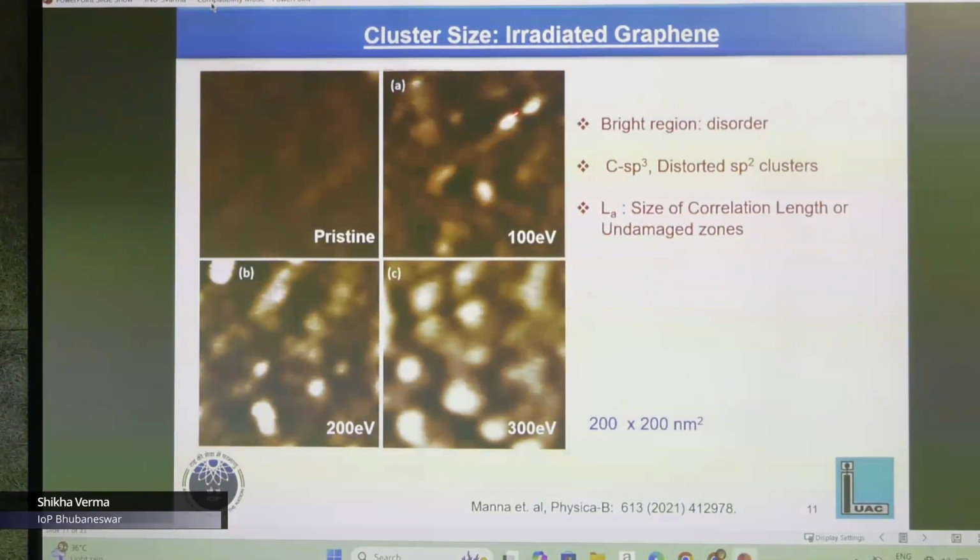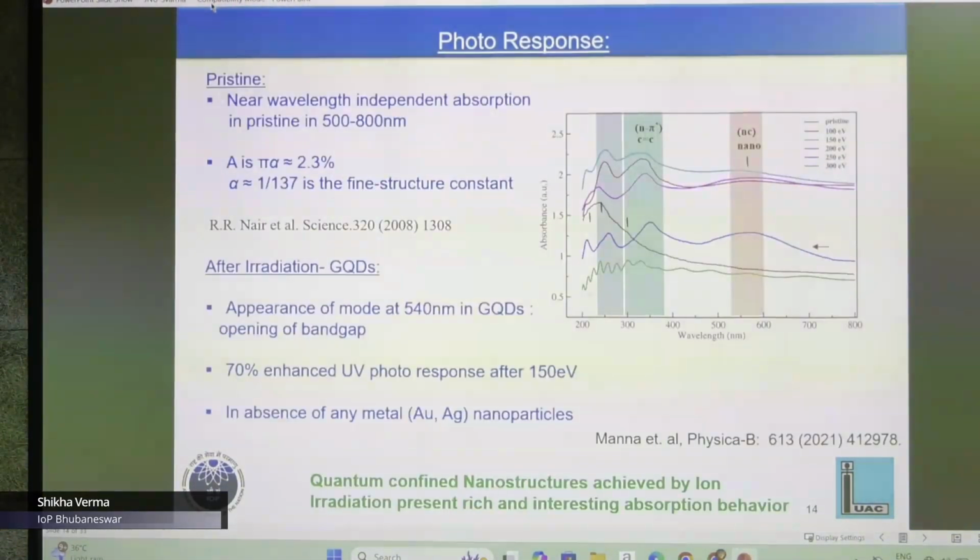So it is the in-between regions where you can find the sp2 structures, and similarly this is at 200 eV and 300 eV. So what we are looking for are the regions where the sp3 has been created, or where the distorted sp2 clusters are, and where the sp2 clusters still remain. So this La is the size of the correlation length, or the undamaged zones, which will give us the quantum dots.